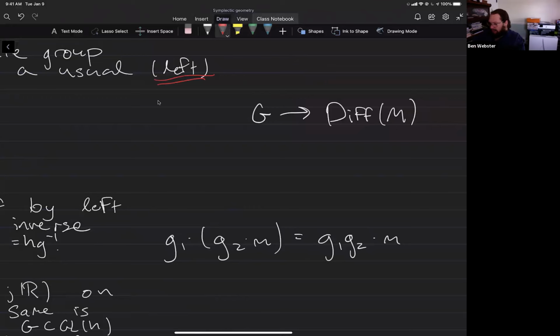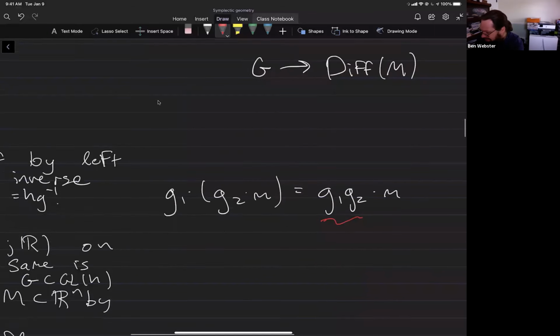And the fact that I multiplied them in this order, g1 times g2, that's what makes it a left action. They multiply in the right way if I write the thing that's acting on the left and the thing that gets acted on the right. And if I reversed my conventions about that, then it would be natural to reverse what order I multiply g1 and g2.